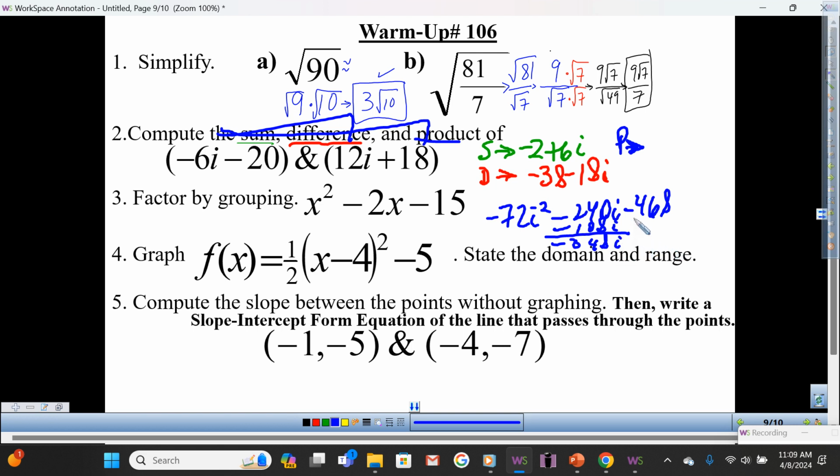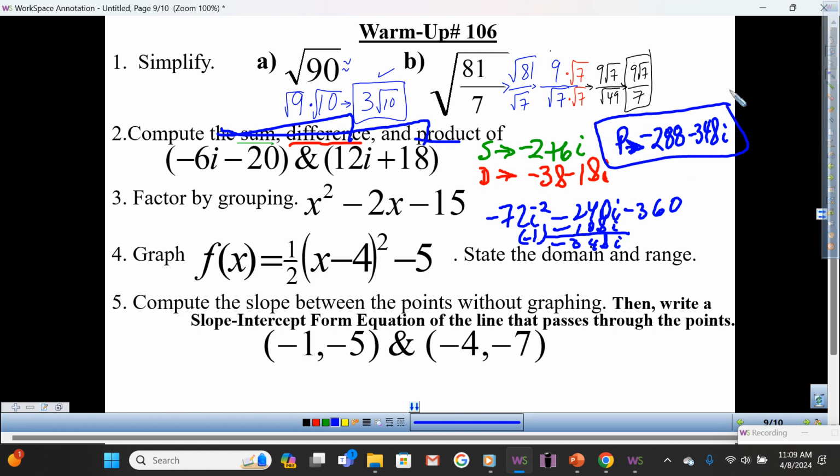Is that correct? And then at the end, instead of negative 468, it should be 360. Right? All right. However, this is i squared. This is what? Negative 1. So that's 72. The answer for the product is negative 288 minus 348i. Hands if you got that.